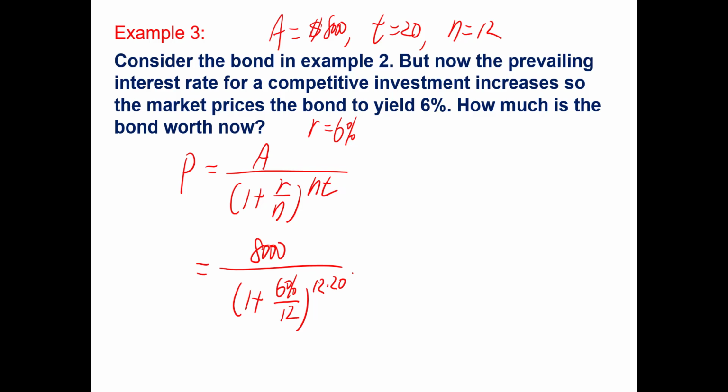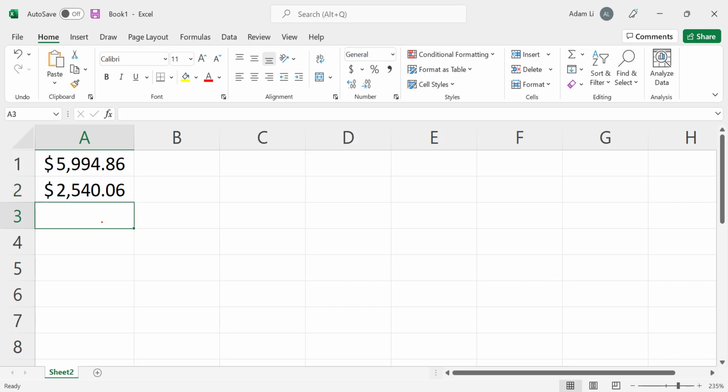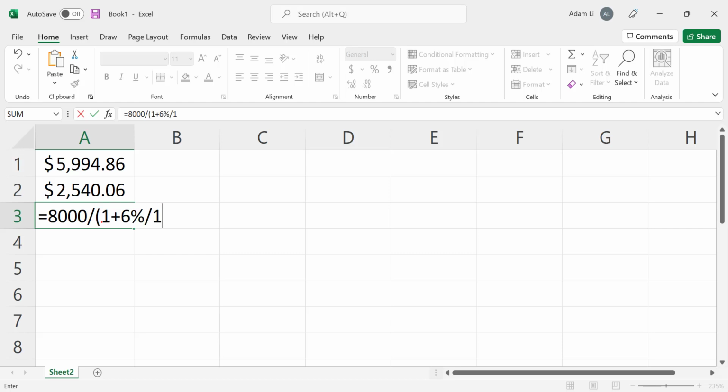All right, so now let's put it into Excel and get a result, and let's compare these different options to see how the interest rate impacts the bond price. So this is equal to 8,000 divided by 1 plus 6% over 12 raised to the 240 power. Everything else is the same except the rate.